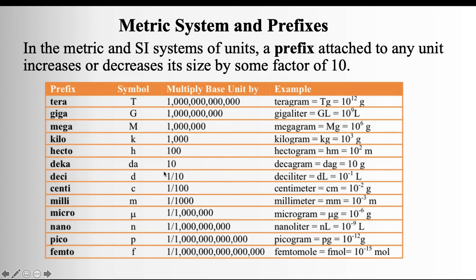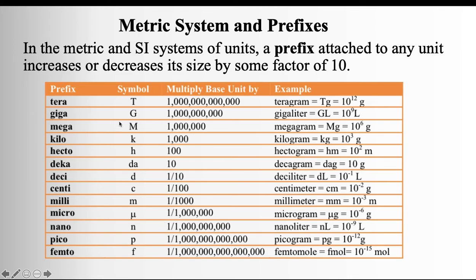Or if I go in the opposite direction, I decrease it by a factor of 10, so I divide by 10 every time I go down. So a centiliter is 1/100th of a liter. A milliliter is 1/1000th of a liter, or 1 liter has 1,000 milliliters, etc.